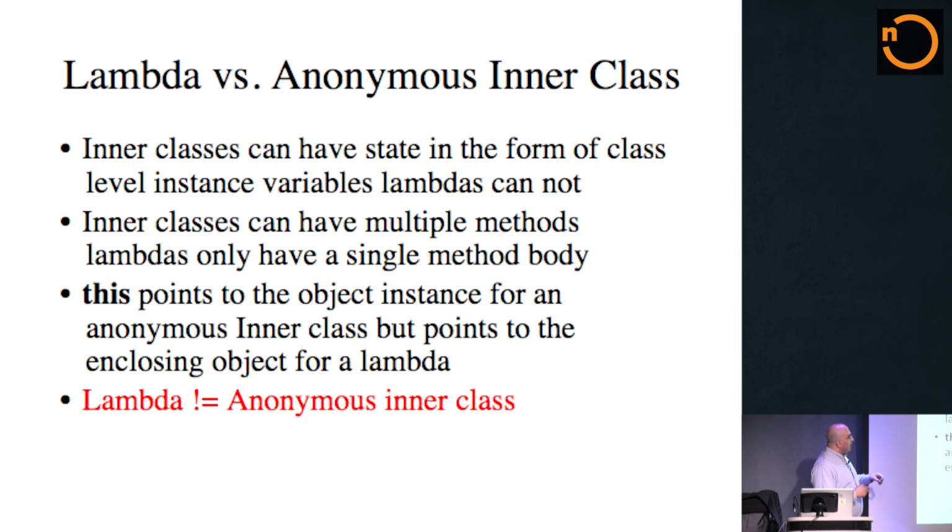And finally, the this pointer behaves differently between anonymous inner classes and lambdas, which tells you that lambdas are not the same thing as anonymous inner classes, although the compiler could choose to generate an anonymous inner class for every lambda instance, which would not be a very efficient way to do things. But it could. Comments, questions?